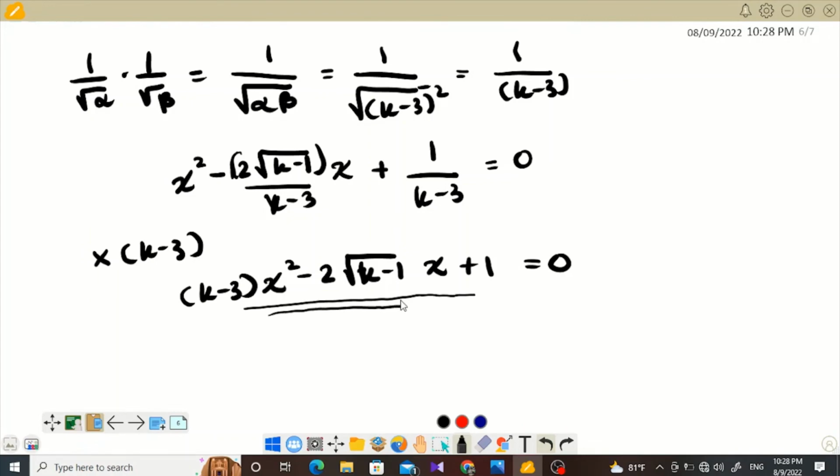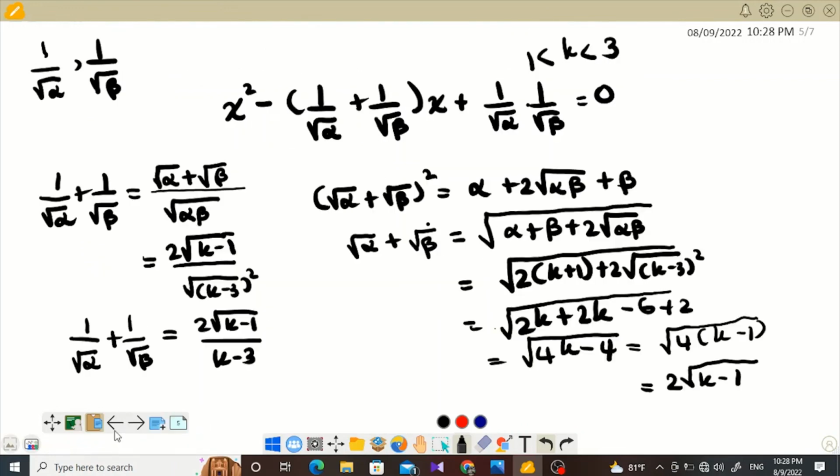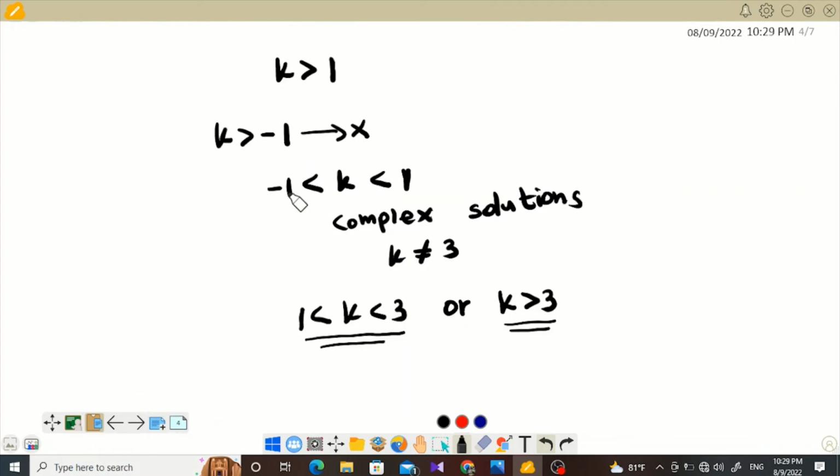The confusion in this problem is the k range for the positive roots of the given quadratic equation. So we cannot accept the minus value. I explained why we cannot accept k between minus 1 and positive 1, because we get complex solutions there.